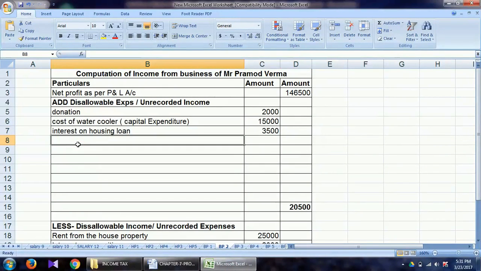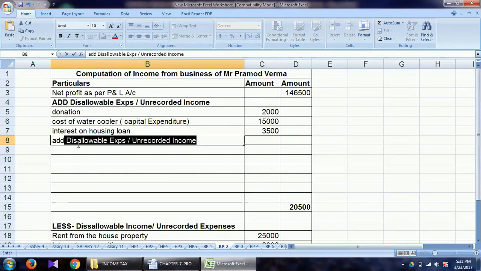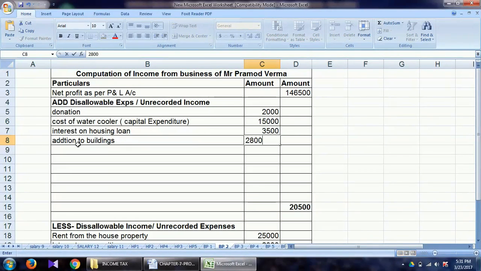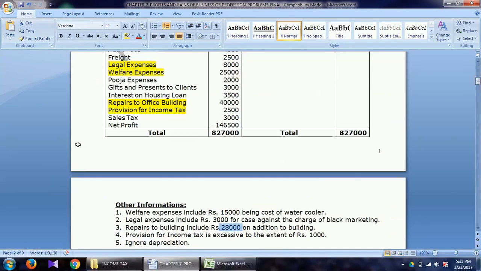So, addition to buildings, 28,000. Again, provision for income tax. Any type of provisions are disallowed while computing income from business and professions. So entire provision for income tax will be disallowed, even though there is an adjustment that provision for income tax is excessive to the extent of 1,000 rupees.